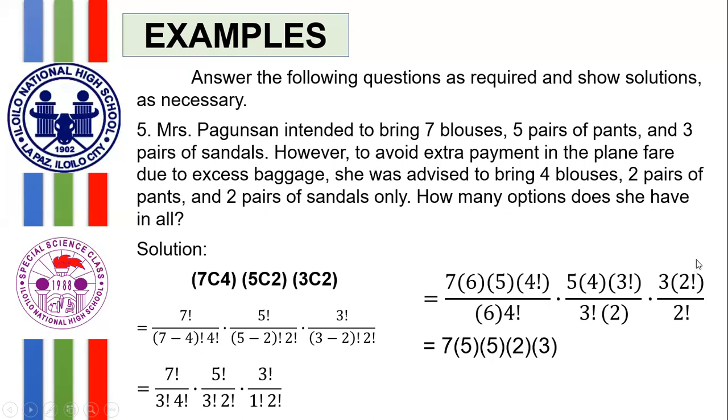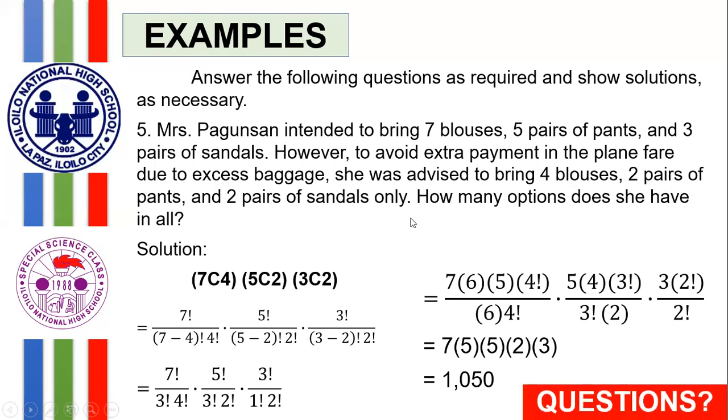And here, dividing the 2 factorials will give us 3. So I have 7 times 5 times 5 times 2 times 3. And that's 1,050 ways for Mrs. Pagunsan to choose 4 blouses, 2 pairs of pants, and 2 pairs of sandals out of the 7 blouses, 5 pairs of pants, and 3 pairs of sandals she has.